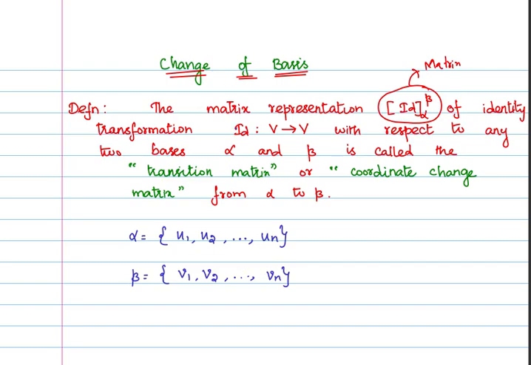So what is the matrix representation ID alpha? I of U1, we get U1 only, correct? I can represent U1 in terms of the basis V1 because this U1 belongs to V. I can represent it in terms of beta.